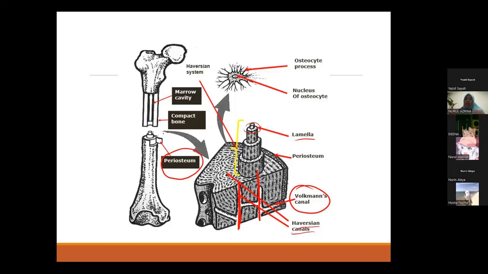Contohnya femur lah paling senang kan, tulang kaki kita ke ataupun humerus ke, large bone in our body. So they have area of the compact bone and also the spongy bone. So this area is compact bone, yang tengah-tengah ni ataupun dekat belah dalam sini spongy bone. Okay.